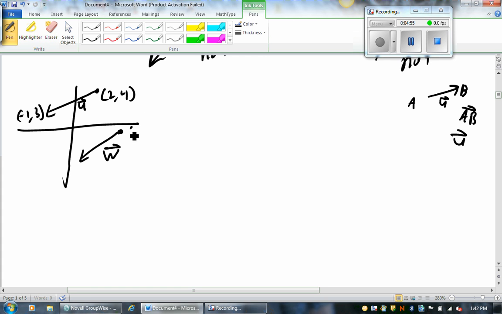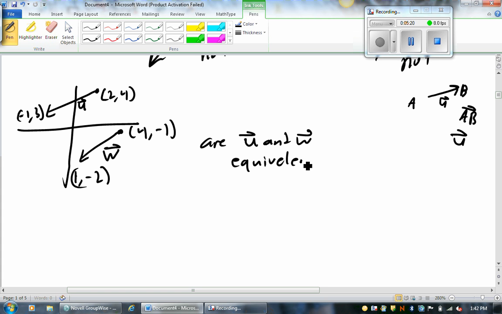And it goes from initial point 4, -1 to terminal point 1, -2. And we want to know, are vector u and vector w equivalent?